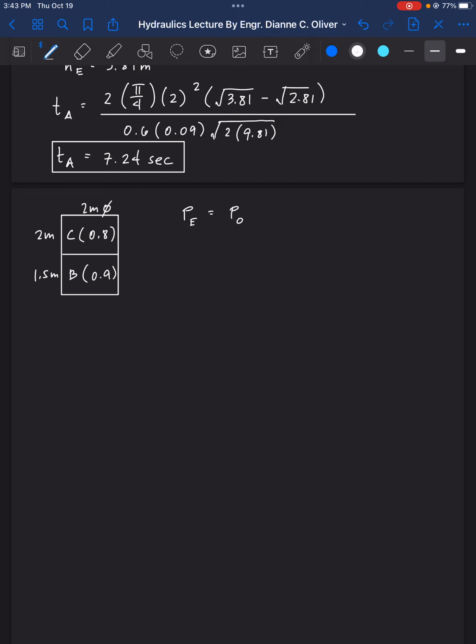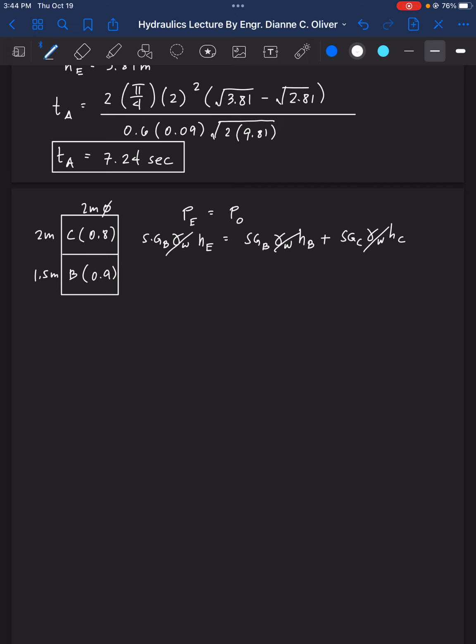For the equivalent pressure, we have the specific gravity of B, gamma of water, then the equivalent height, which equals the original pressure: the specific gravity of B, gamma of water, height of B, plus the specific gravity of C, gamma of water, height of C. So cancel the gamma of water.